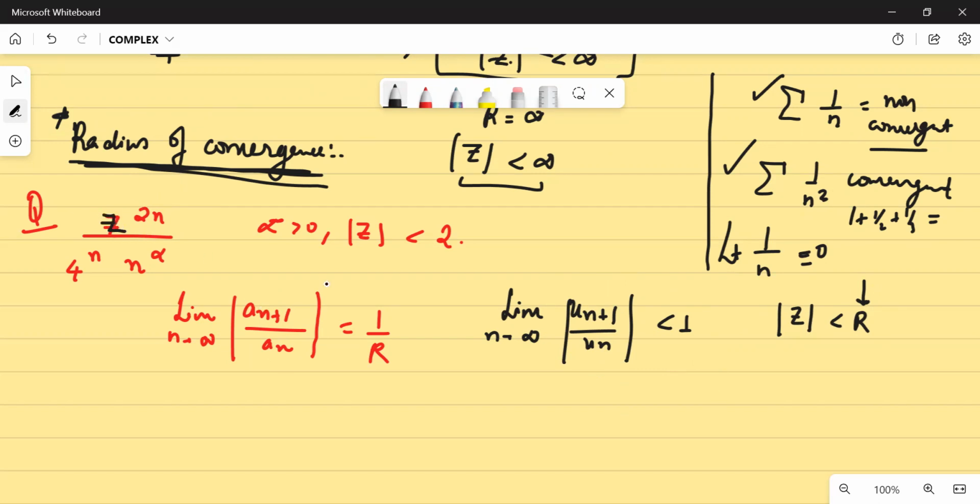So a better idea would be to find the region of convergence, and once you find the region of convergence, let's say mod z is less than some r, that r would give you the radius of convergence. Why I'm doing this? Because here you have z raised to power 2n, not z raised to power n. So I have changed the format of the initial thing that I gave you.